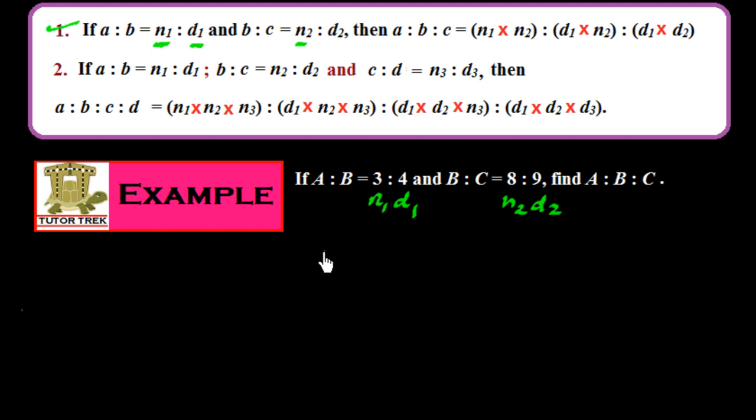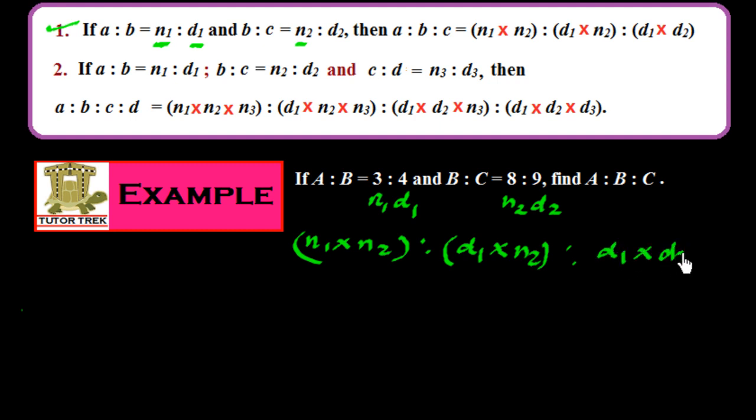So what we have to do is follow n1 into n2 in the first term. In the second term we write d1 into n2. Then we replace the second numerator also, d1 into d2. So in this way we write it down here.